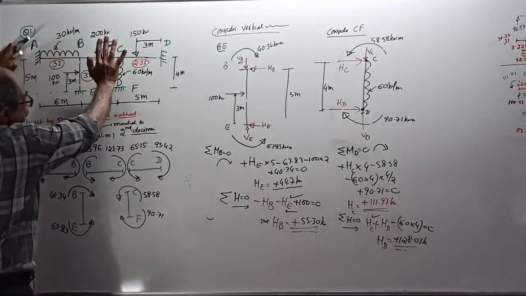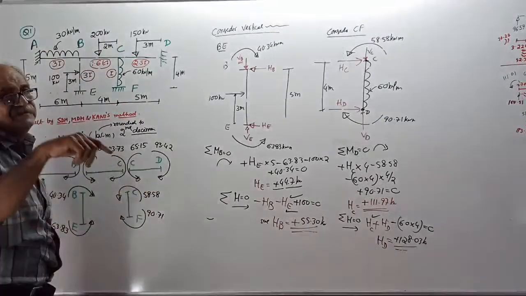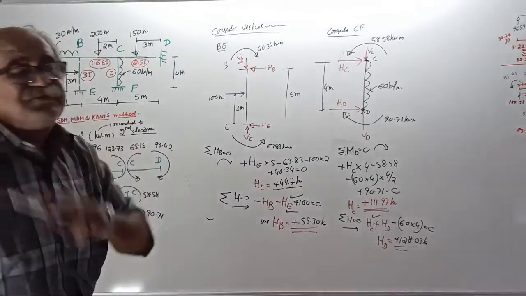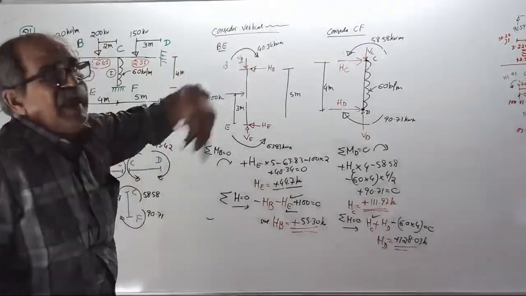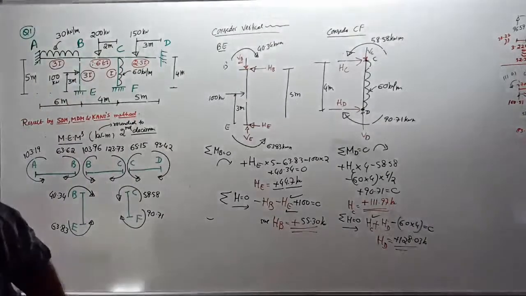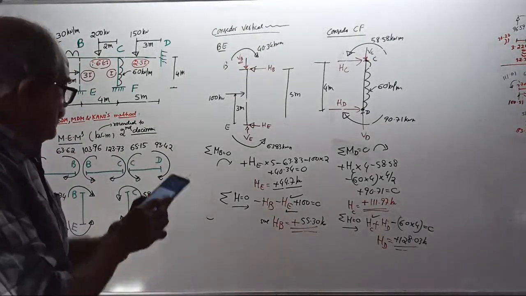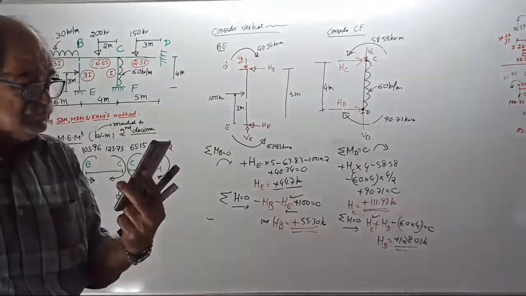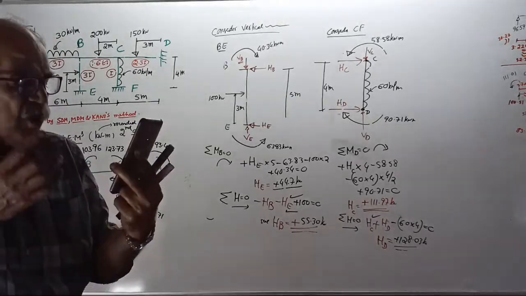At the end of the class, once I finish this question, I will start question number 2. I will put the frame and enter the result for that member. And when you come to next class, can you find all the reactions and get ready fast? So that I don't have to waste time.